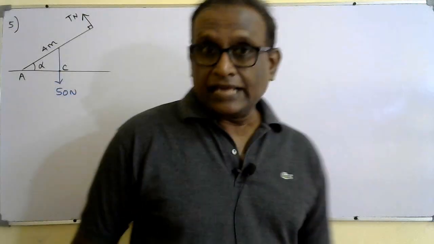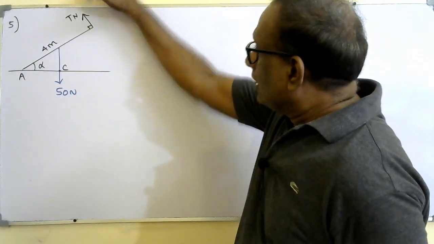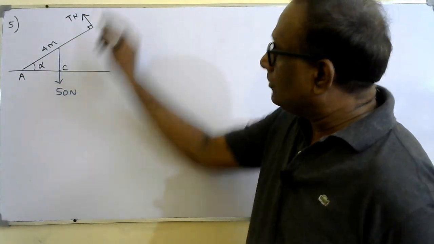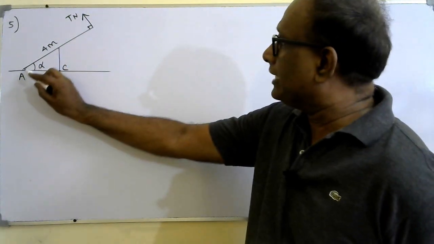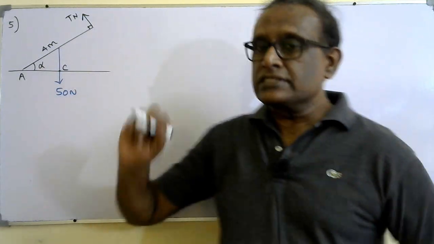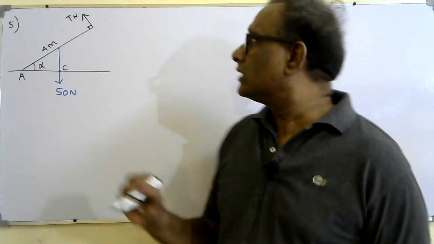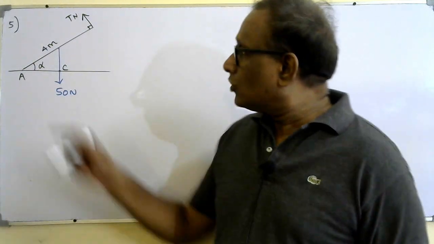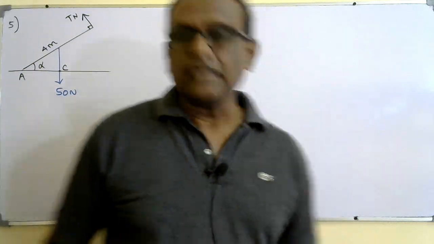In the same way, for the tension, the perpendicular distance from A is the length of the rod, because the tension is perpendicular to the rod. Force into perpendicular distance to the line of action of the force from the pivot is defined as the moment. So we'll take moment about A.